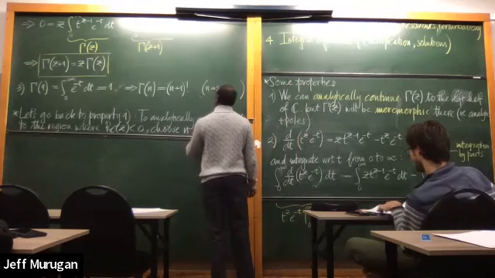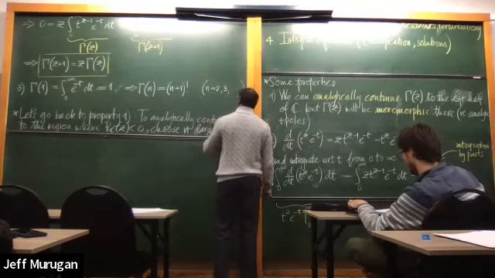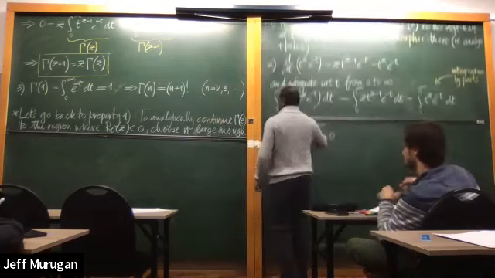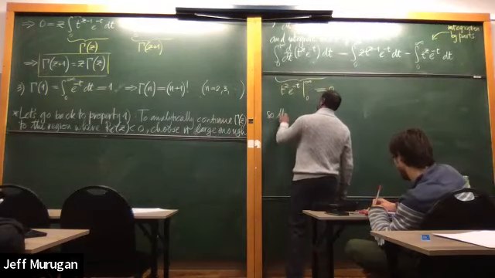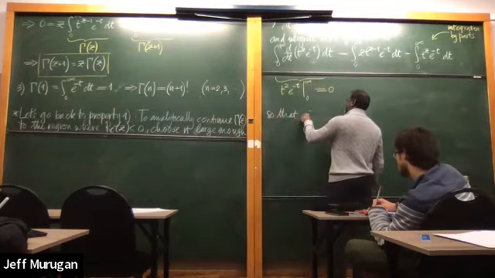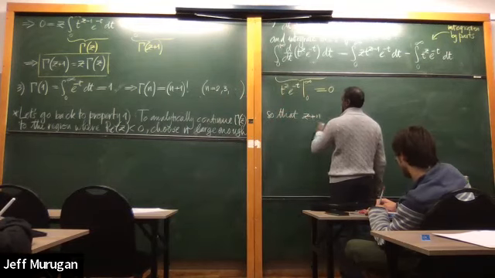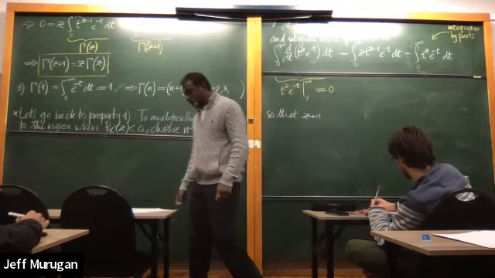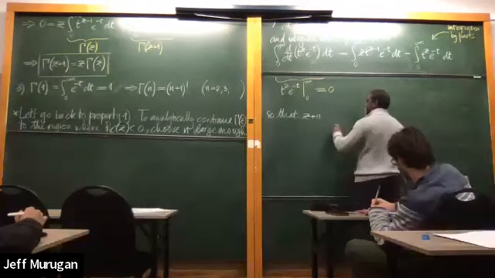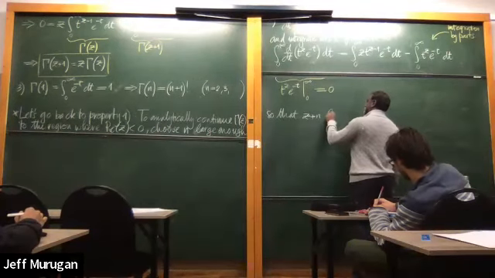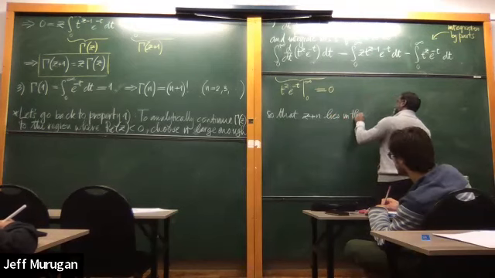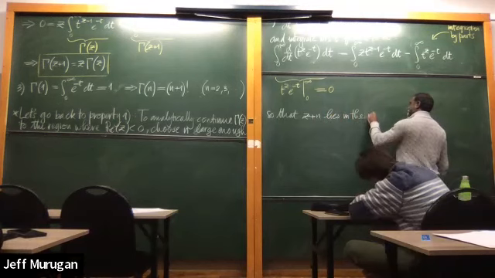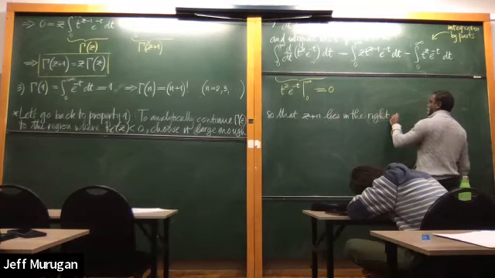So choose n large enough so that z plus n lies in the right half of the complex plane.